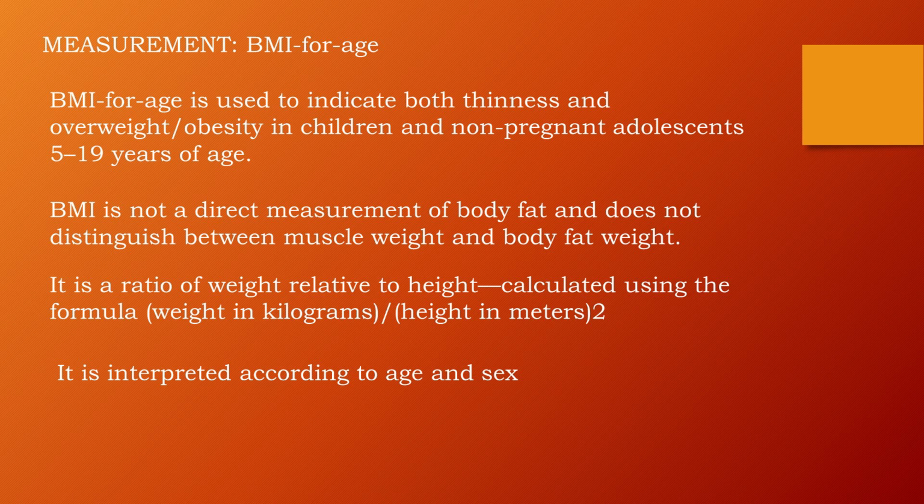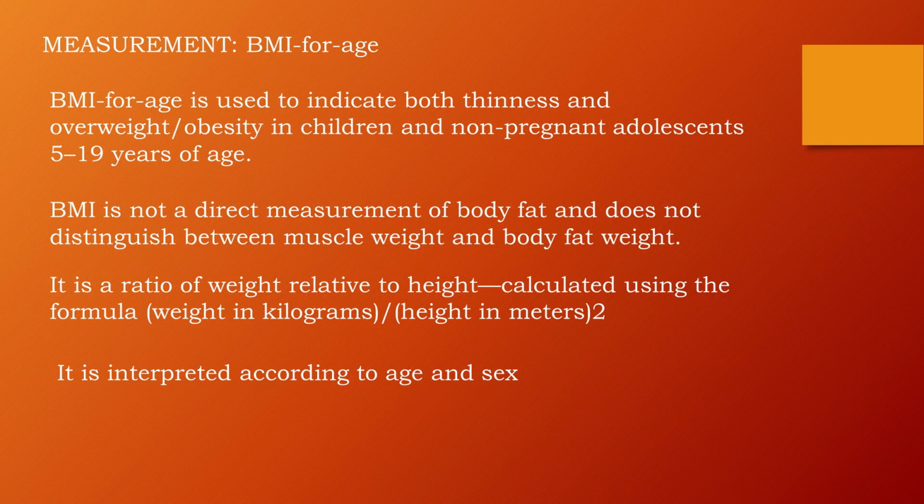This is very important. So, how do you measure BMI? BMI is a ratio of weight relative to height, which is calculated as weight in kilograms divided by height in meters, squared.